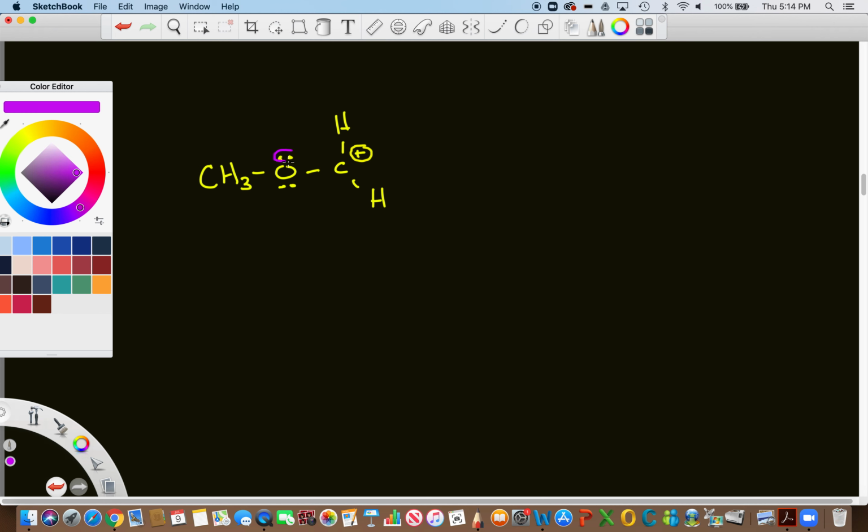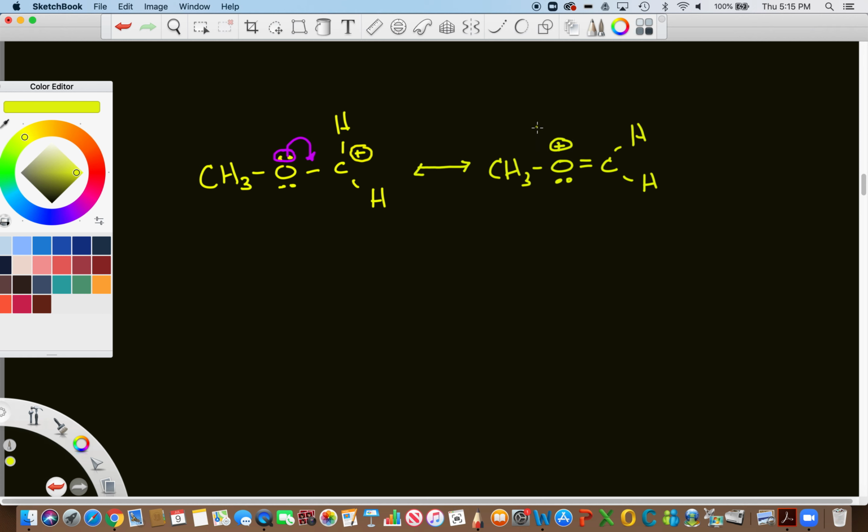A pair of electrons here from the oxygen can form a pi bond, a double bond. Since this oxygen now has 3 bonds, it's going to be positive.